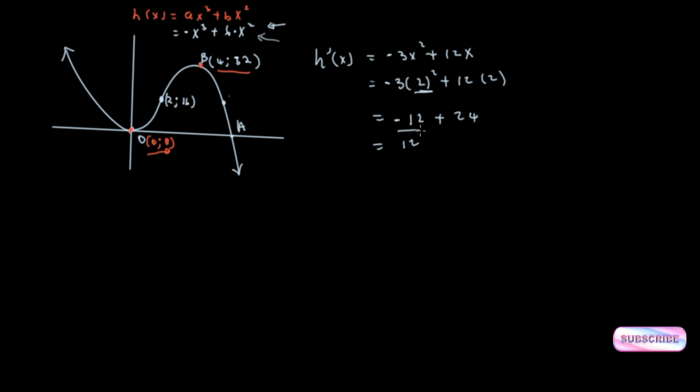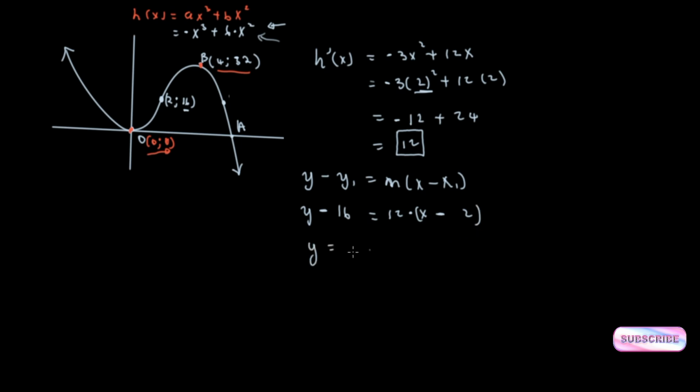Now, as we know the gradient, the other thing to do is to use this equation: y minus y1 equals the gradient multiplied by x minus x1. Y minus our y, which is 16, equals the gradient, 12, multiplied by x minus the x value, which is 2.